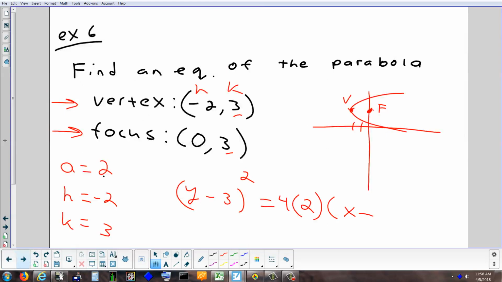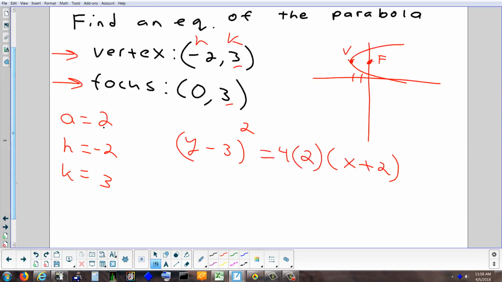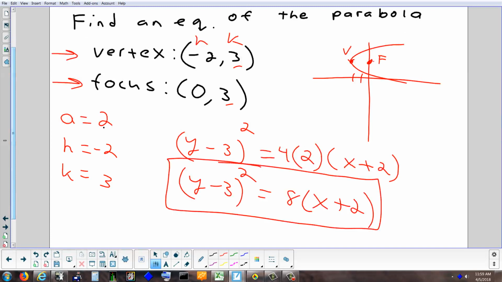H is -2, so it's x minus minus 2. So it turns into a plus. Okay, so final answer. You don't do that out, you just leave it. 8x plus 2. That's the equation of the parabola that has the focus there and the vertex there. Any question on that?